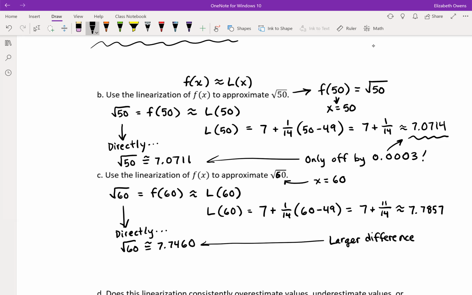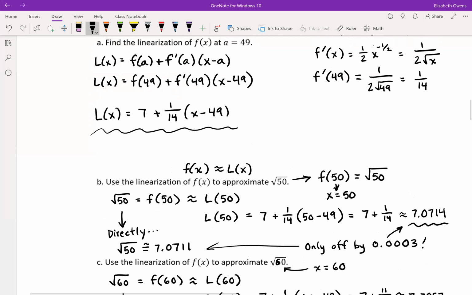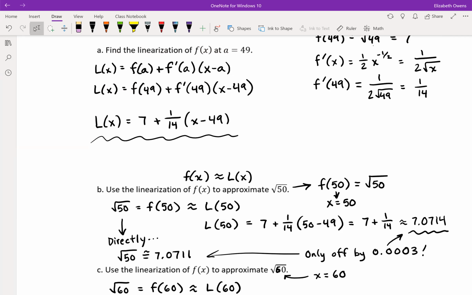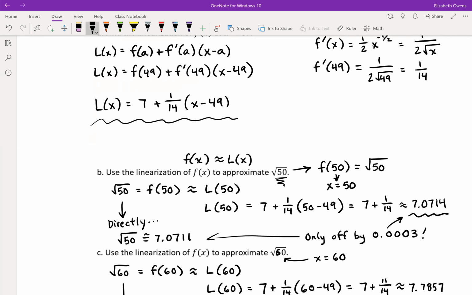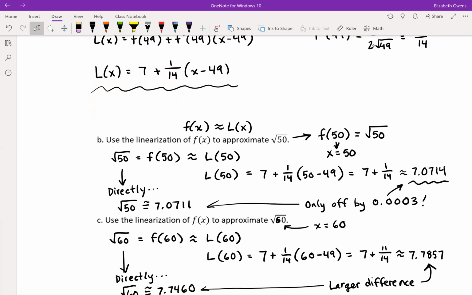Larger difference. And the reason why that is because we've moved farther away from where our linearization was set up. The linearization was set up at a equals 49, or an x value there of 49. And so 50 is not far away from that at all. It's 1 unit away. 60 is significantly further away.